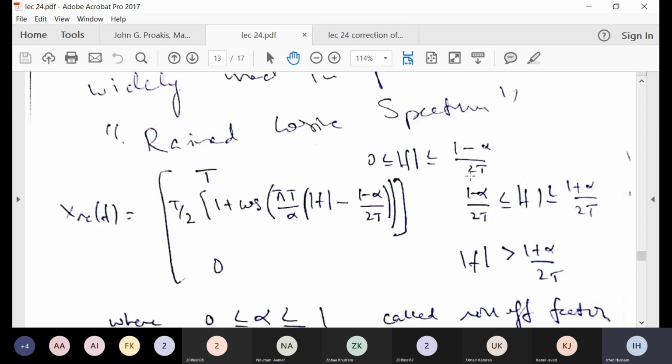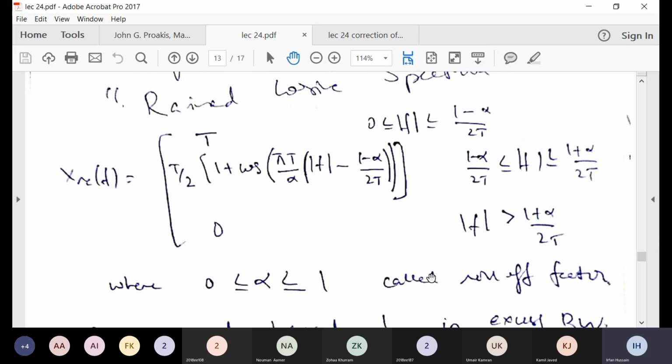So if alpha is 0, then you have T till 1 over 2T. This term will totally go away because this will be 1 over 2T, this will also be 1 over 2T. So this range will not exist, and beyond 1 over 2T it will be 0. So this will boil down to the second case.